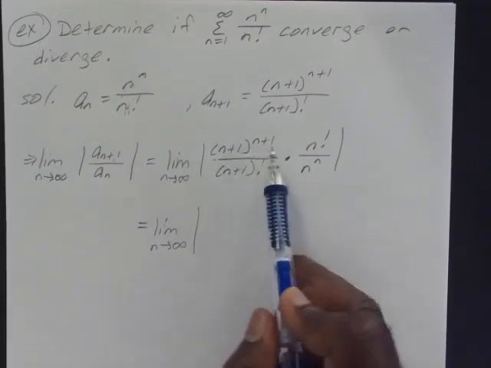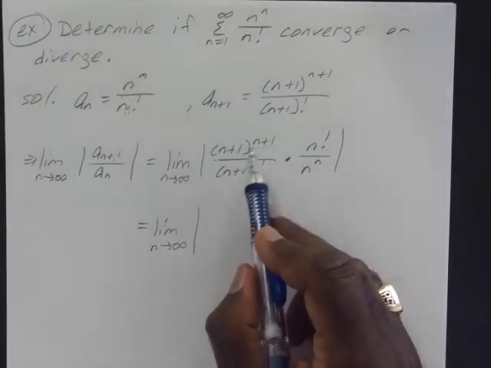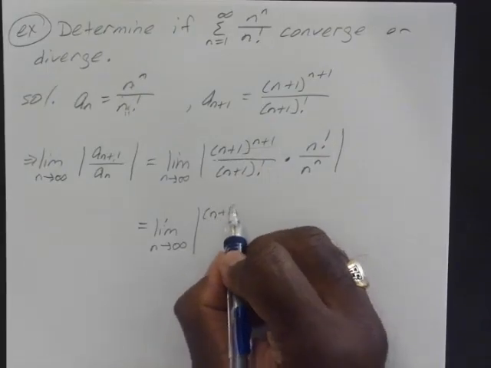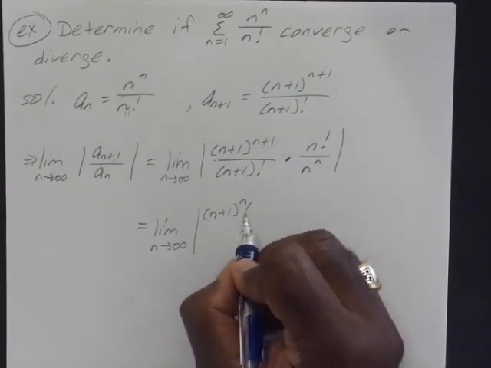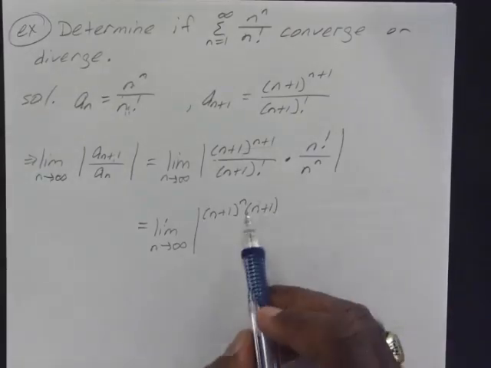Now we can rewrite these a little bit. So n plus 1 to the power of n plus 1, we can rewrite as n plus 1 to the power of n times n plus 1 to the first power. We can leave it as just n plus 1.